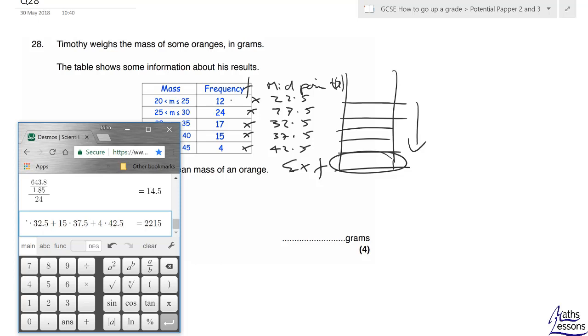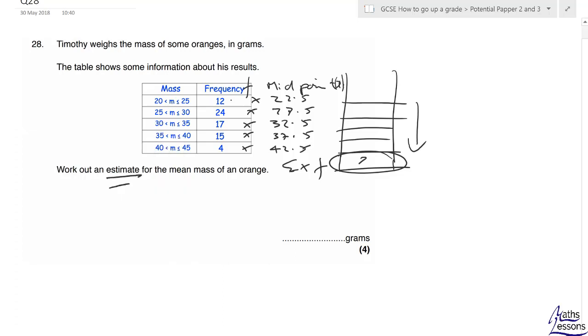And I get 2,215. Now, if you've got time in the exam, I would suggest you do work all those individual things out, just in case you made a mistake. Now, we got 2,215 for total mass.